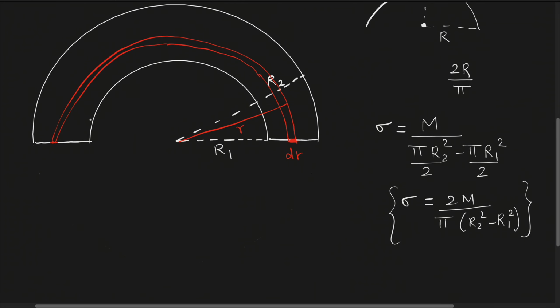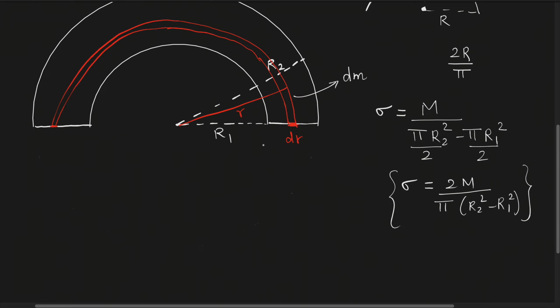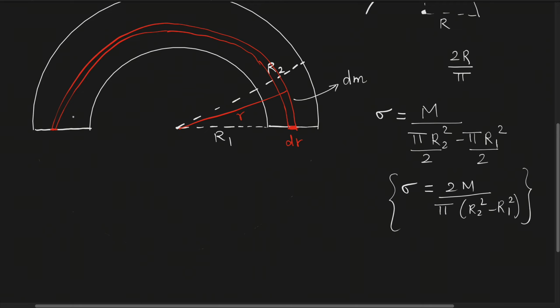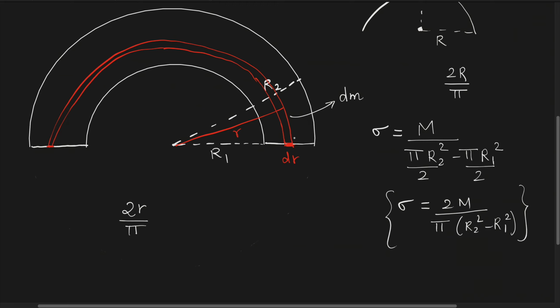Now for this semicircular ring of radius small r, we have a certain area and a certain mass. The mass of this ring is dm. This semicircular ring has its center of mass at a distance 2r by pi. There will be many rings with different radii, each with its own center of mass.